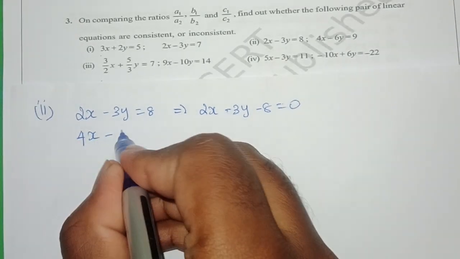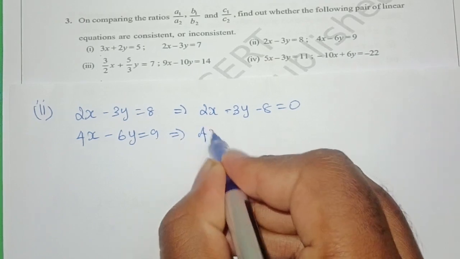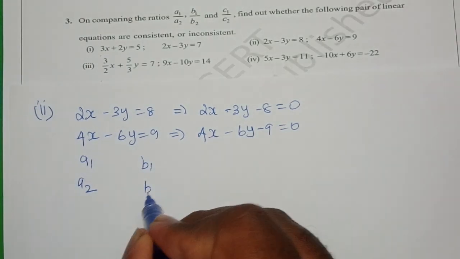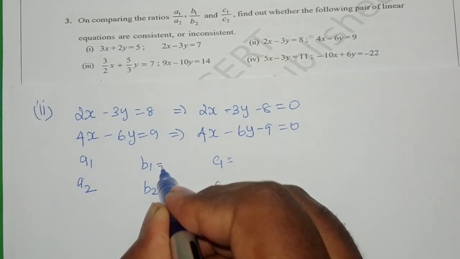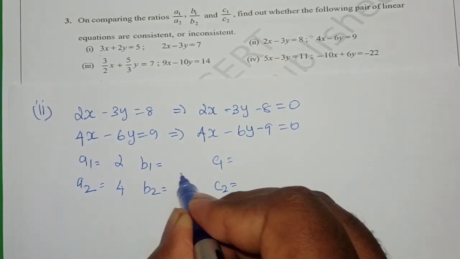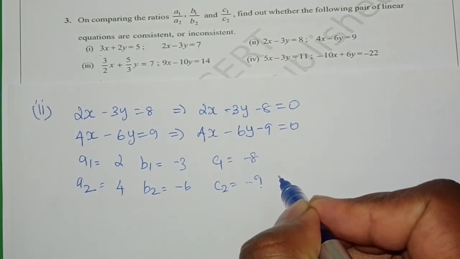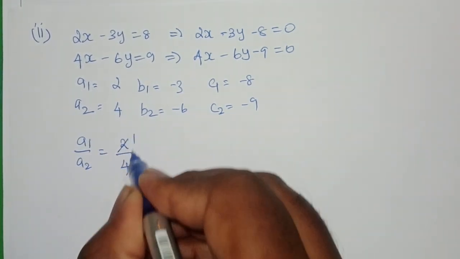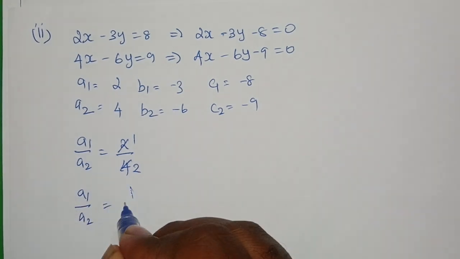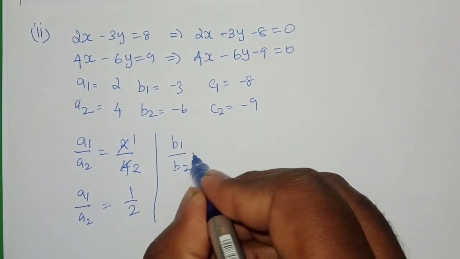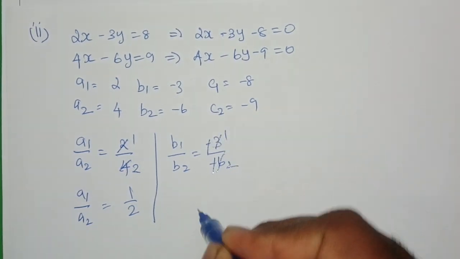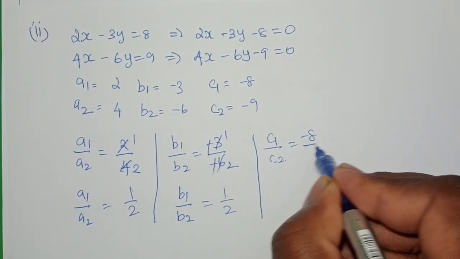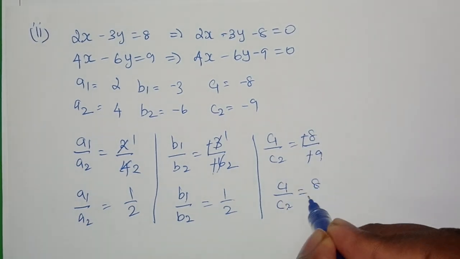Next, 4x minus 6y equal to 9, so 4x minus 6y minus 9 equal to 0. a1, a2, b1, b2, c1, c2: 2, 4, minus 3, minus 6, minus 8, minus 9. a1 by a2 is equal to 2 by 4, which is 1 by 2. b1 by b2 is minus 3 by minus 6, which is also 1 by 2. c1 by c2 is minus 8 by minus 9, the minus signs cancel, so 8 by 9.